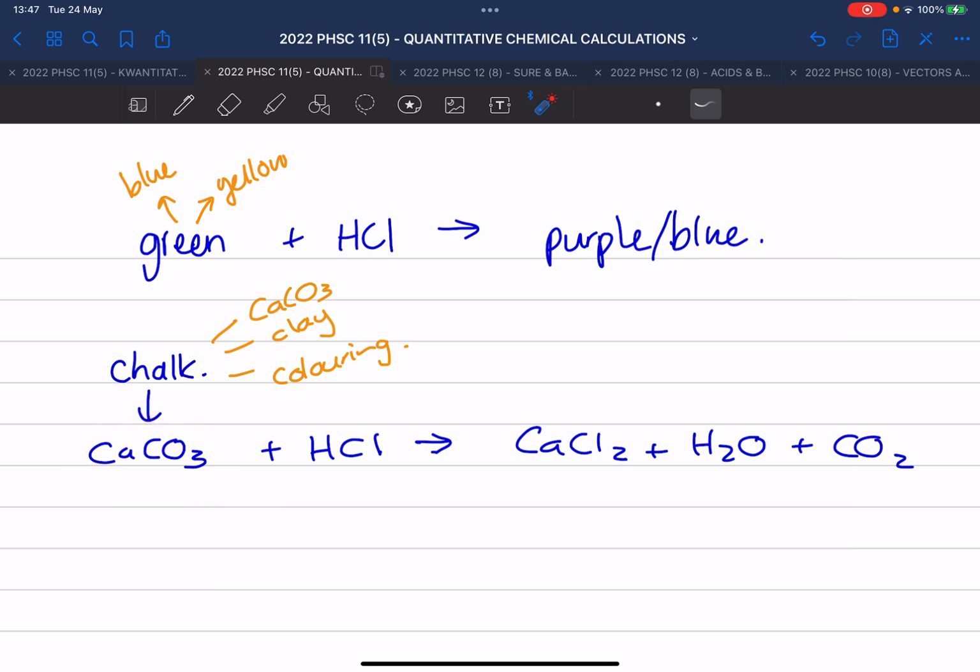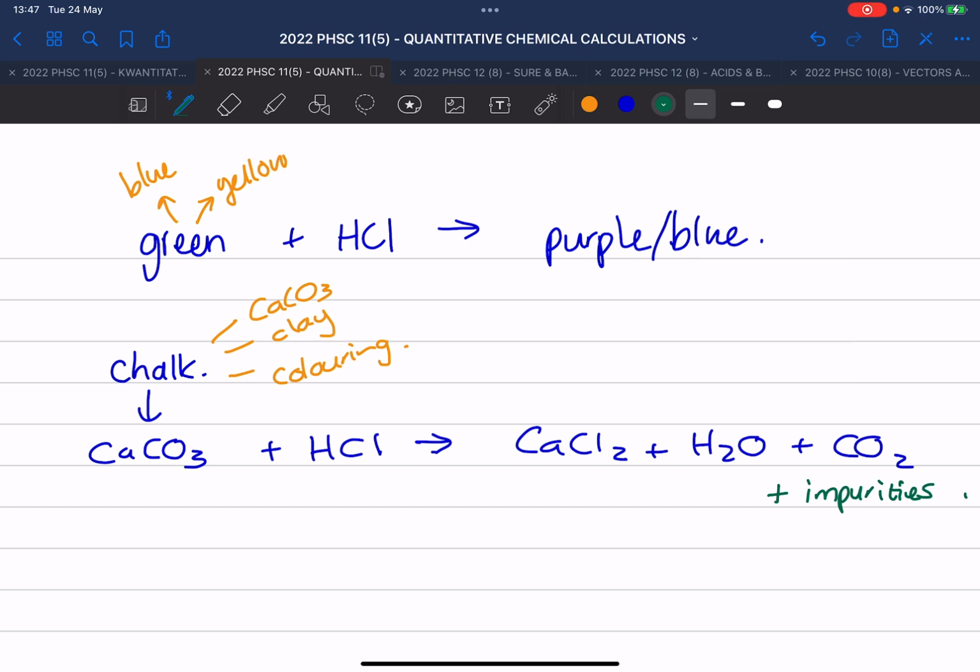But now I said I added chalk to it, so it was not actually calcium carbonate, it was chalk. Then there will also be a bit of impurities, things that are not supposed to be there. So you'll get a bit of slime, or a yellow powder that forms, depending on what you have. So you'll also get impurities.